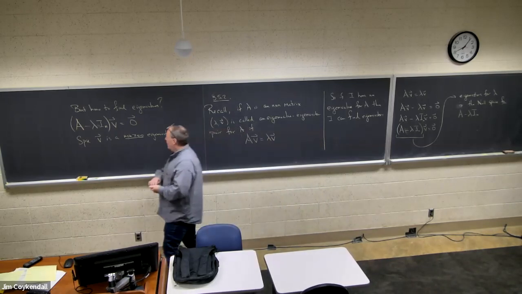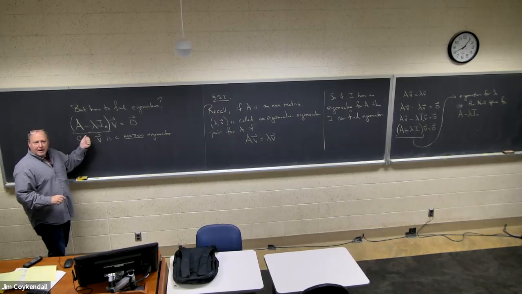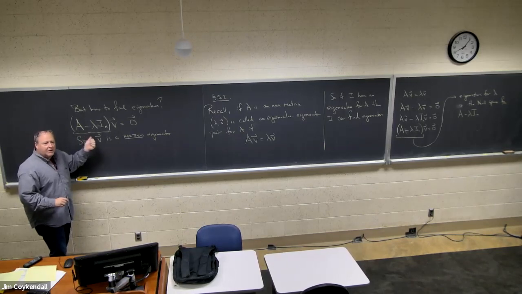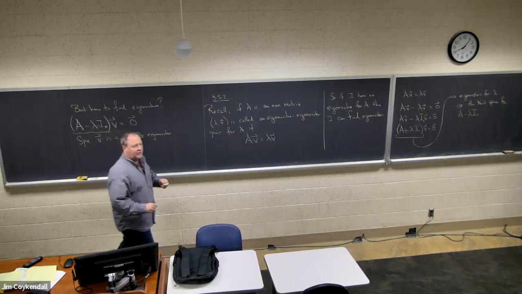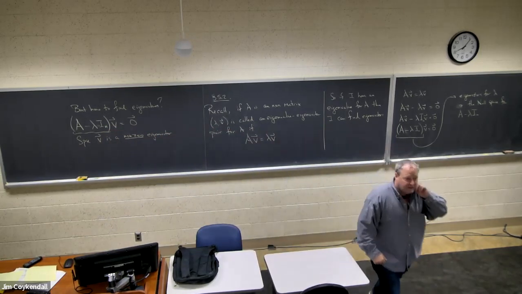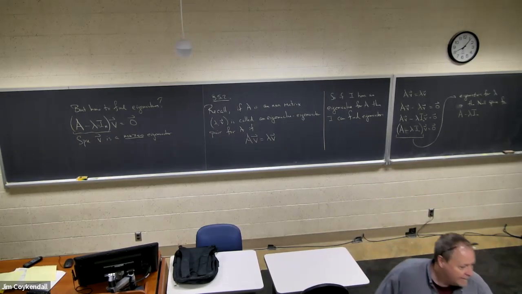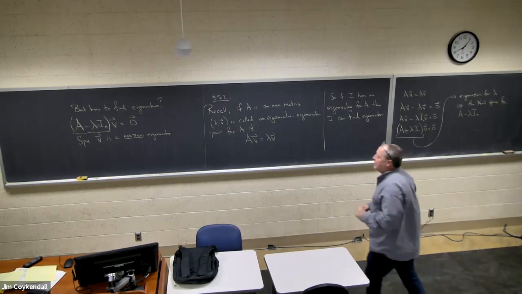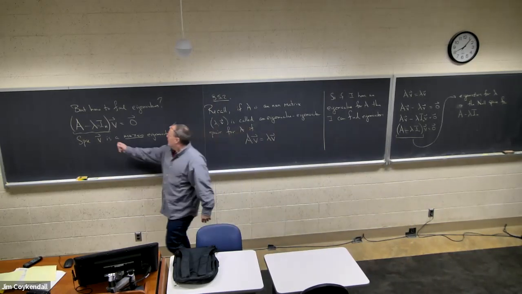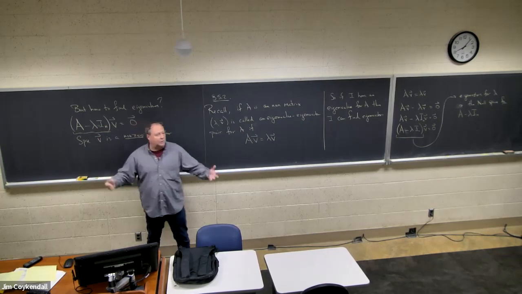What condition on this matrix guarantees that I will have a non-zero eigenvector? When that is not invertible, right? He's right. When this is not invertible, then you've got at least one free variable.